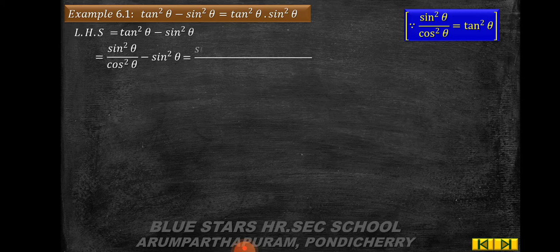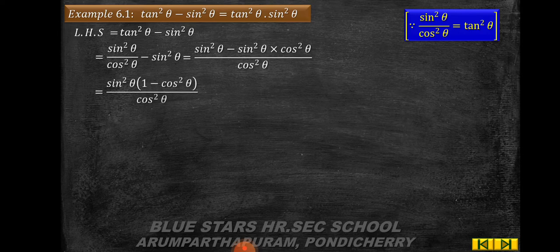Now the next step is you have to take the LCM. That is sin square theta minus sin square theta into cos square theta, the whole thing divided by cos square theta. Next you have to take sin square theta common out from both the terms.